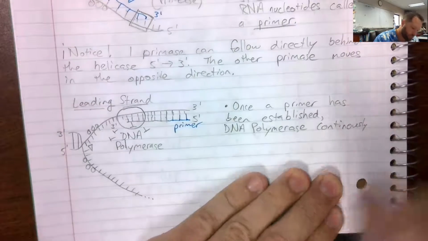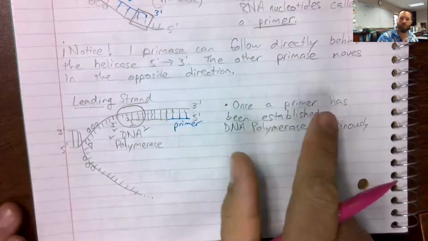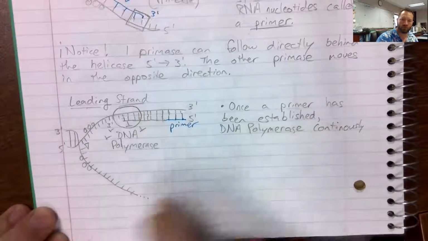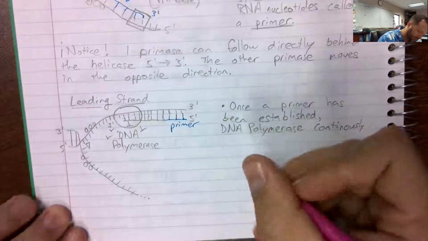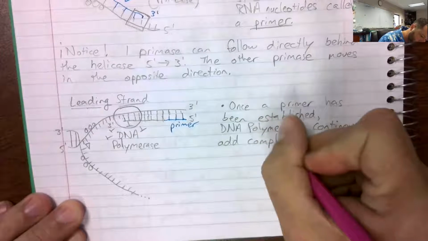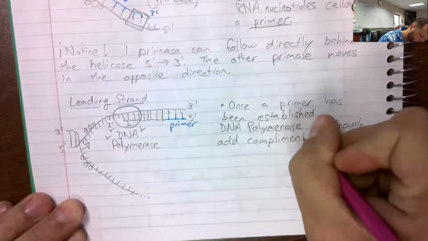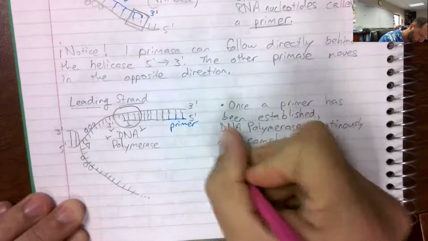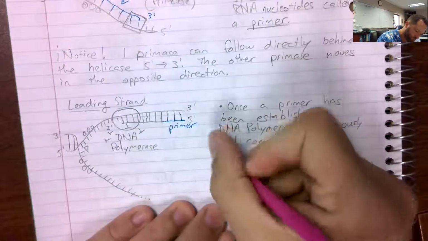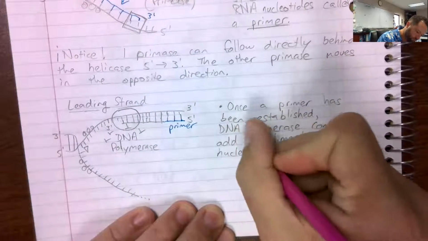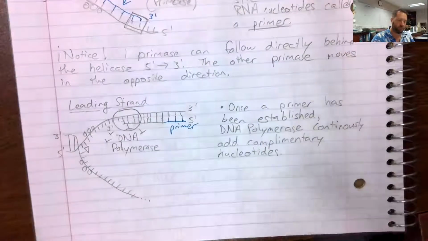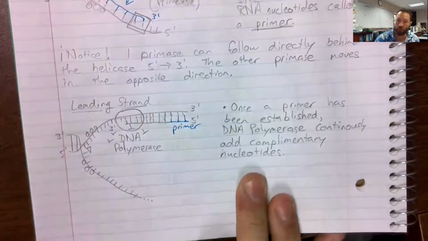So once that primer has been established, DNA polymerase, that's a big circle, is able to continuously add complementary nucleotides.